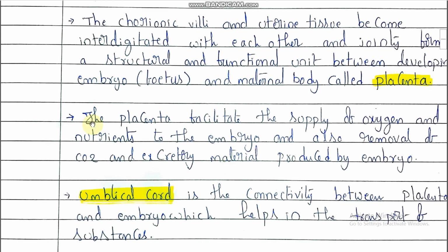So what is the function of the placenta? It facilitates the supply of oxygen and nutrients to the embryo, from the mother, and also the removal of carbon dioxide and excretory material, from the developing fetus to the mother, right?